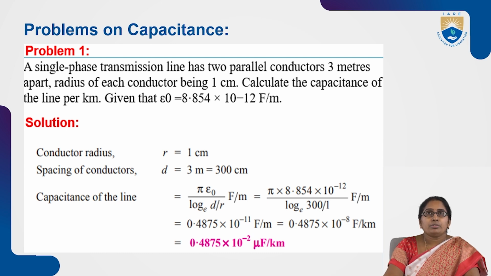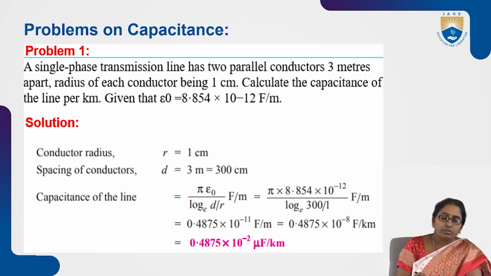The distance between the conductors is taken as small d or capital D. So it is given 3 meters, that means 300 if you write that in centimeters, because the radius of the conductor is given in centimeters. That's why the distance is also mentioned in centimeters.